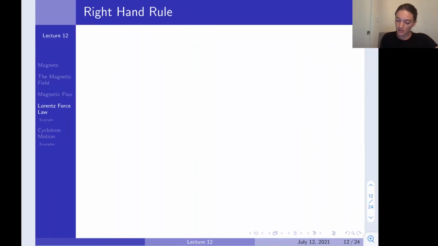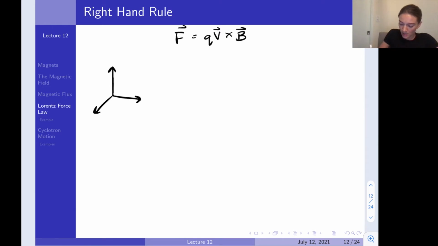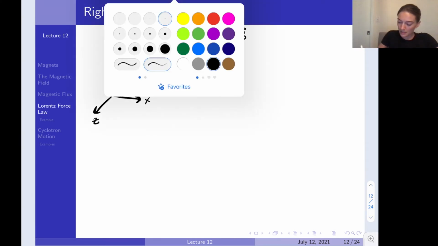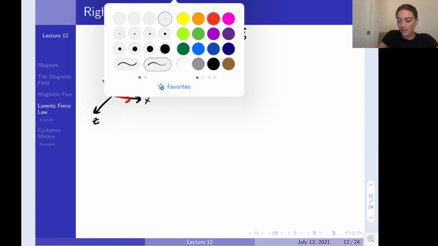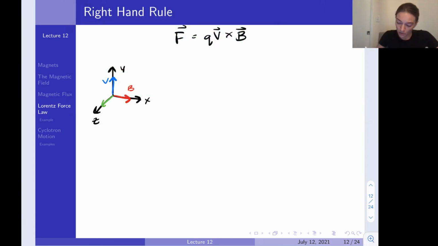So what this Lorentz Force Law says, so the force is given by qv cross B. So if I have a coordinate system here, so let's say this is X, Y, and Z. What this tells us is that if my magnetic field, let's say, is in the X direction, and I shoot some particle into that magnetic field that has a velocity v in the Y direction, that means that the force it feels is actually going to be in the Z direction. So then our force will be in the Z direction.